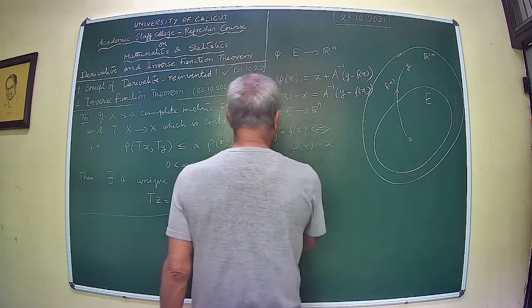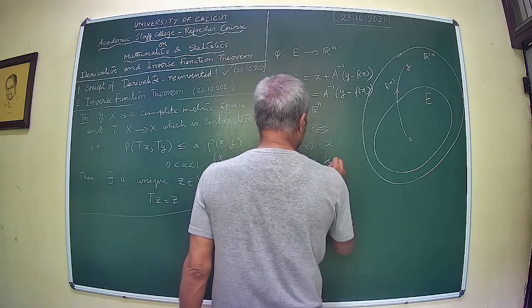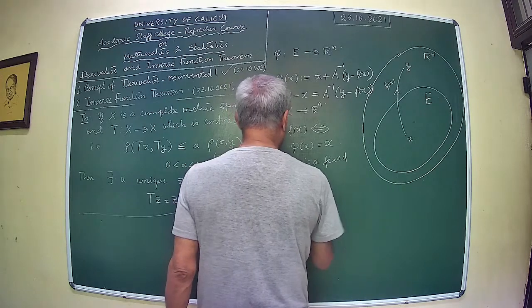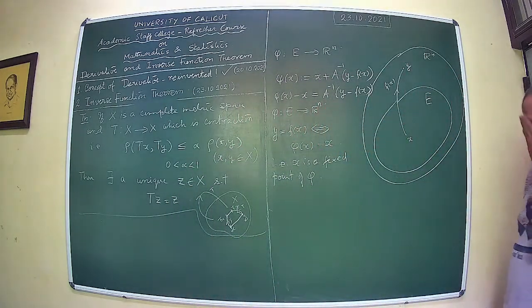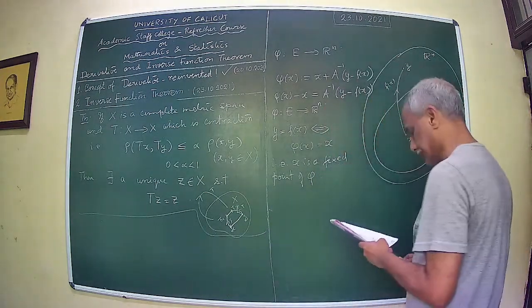That is, x is a fixed point of phi, so you are searching for the fixed points of phi. Okay. So what you prove is this.